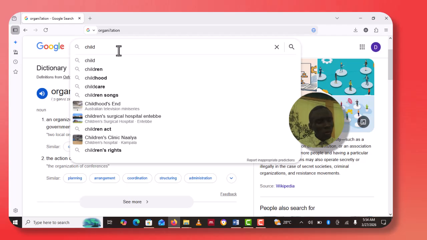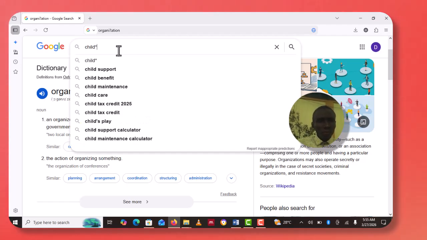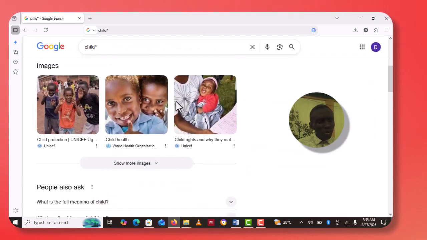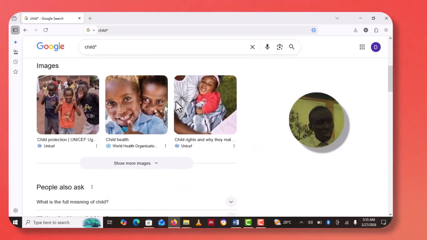Child, then I will put the asterisk like that. Then we'll see what it is going to bring. We say enter. You see what it has brought us: children or childhood. So what we may not know, it helps us to broaden our research.